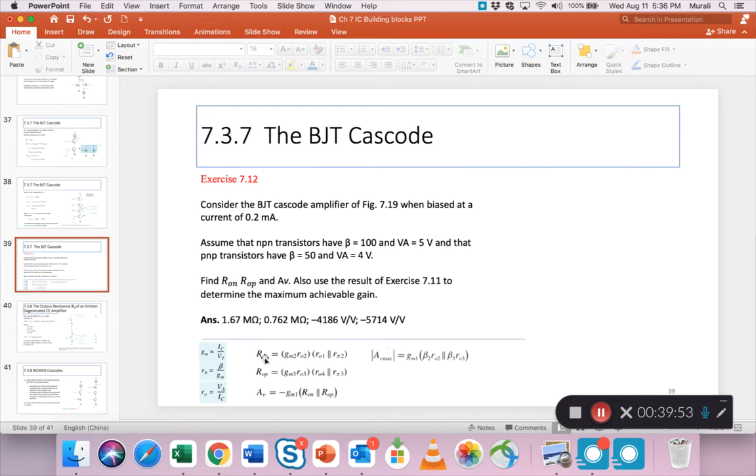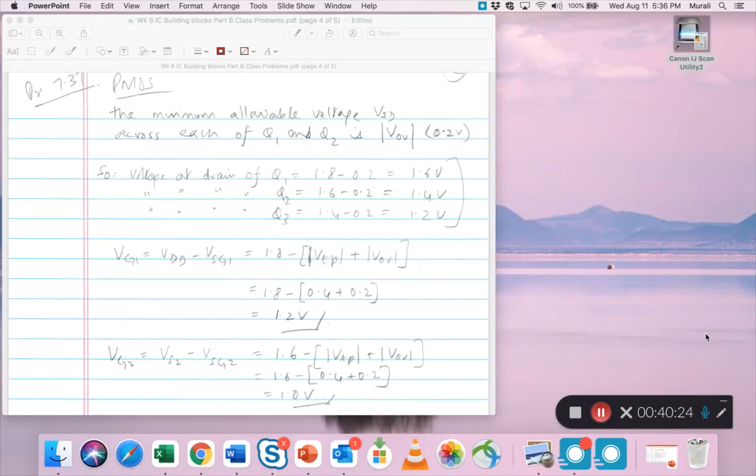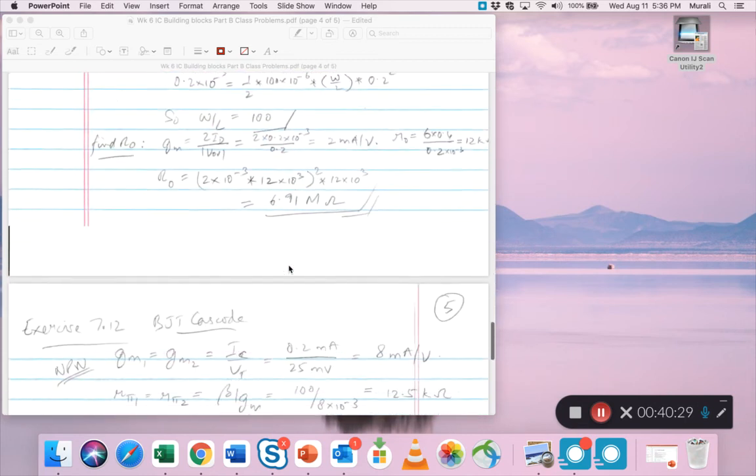So same thing here, you have formulas for RON, ROP, but in this case they won't be the same, because beta is different, right? So r pi will be different. Yeah, we are getting 1.67 and 0.762. So they are definitely different. All right. So with these formulas and this other formula, we should be able to finish, and I may be able to finish on time for the first time ever, right?